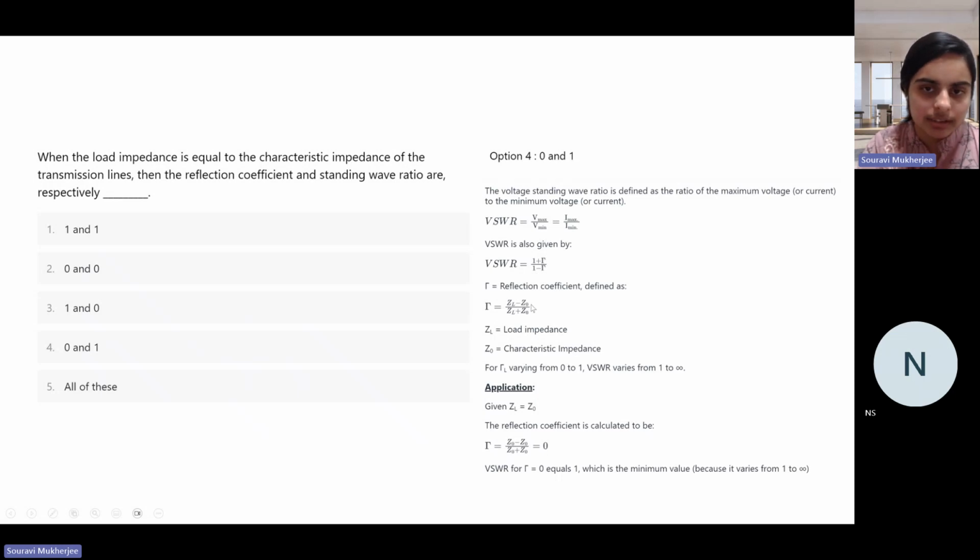So if you put those values, you will see that your reflection coefficient is 0 and your standing wave ratio is 1. So this is your correct answer.